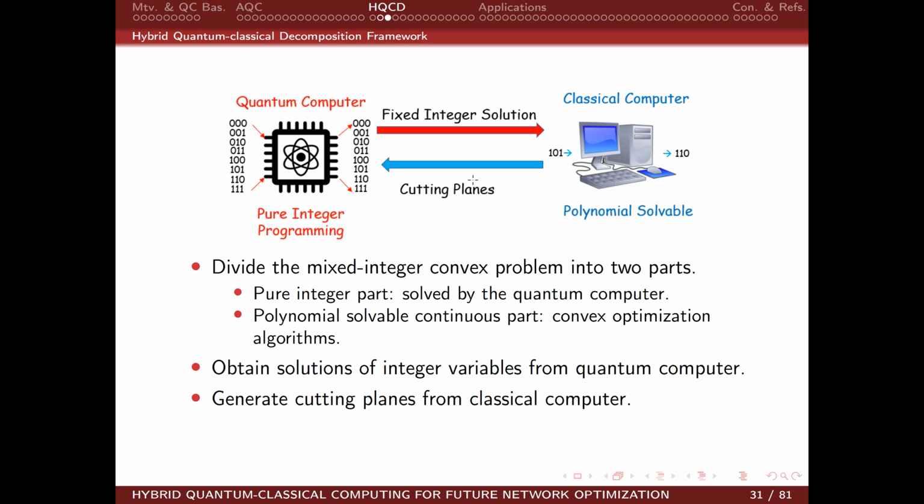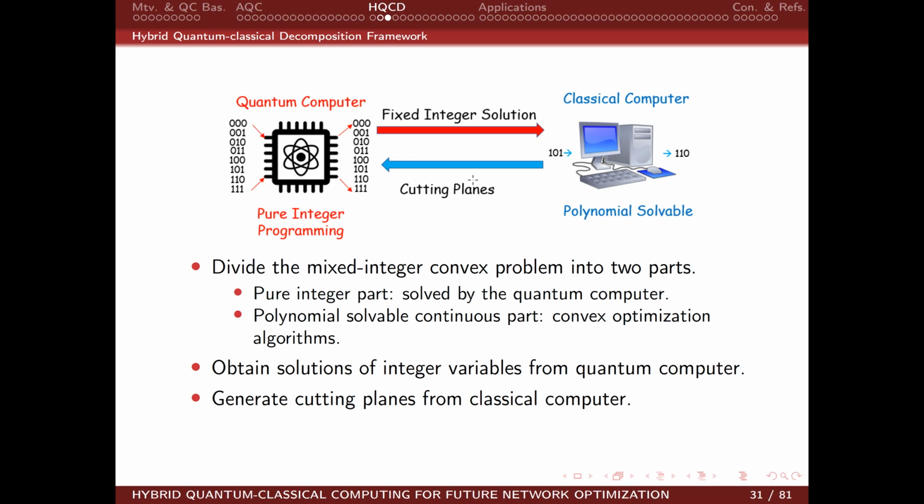After we solve this convex continuous optimization problem, we can generate cutting planes or strong valid inequalities and send them back to the quantum computer so that it can further improve the integer solutions.